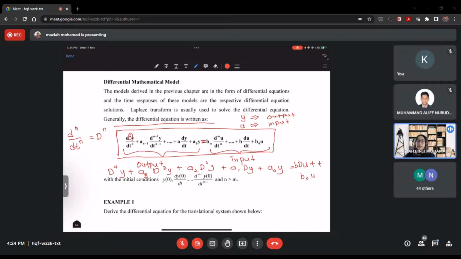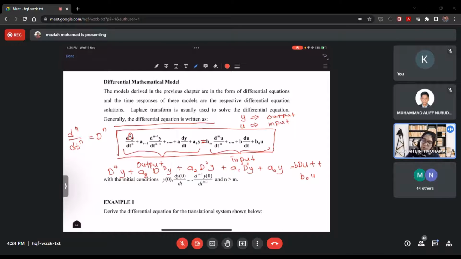So in general, we normally arrange the terms with the highest order first. You can see it is 3, 2, 1 and 0, and the last one is D^0.